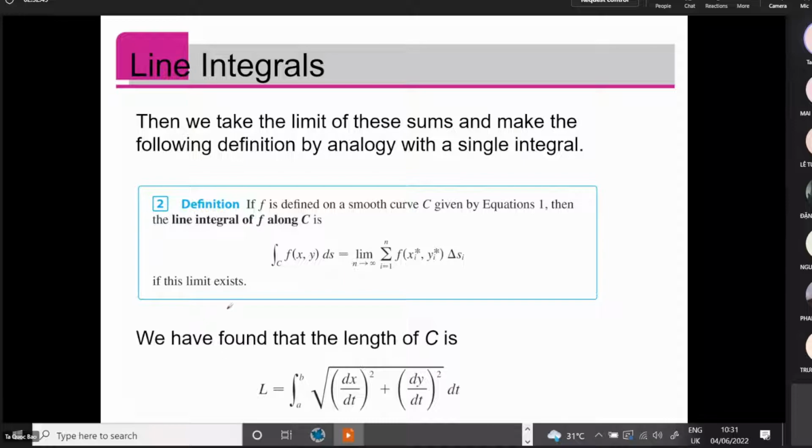We have the length of C. The length L of C is the integral from a to b of the square root of the derivative of x(t) squared plus the derivative of y(t) squared, dt. So the length of the curve C can be calculated by this formula, right?